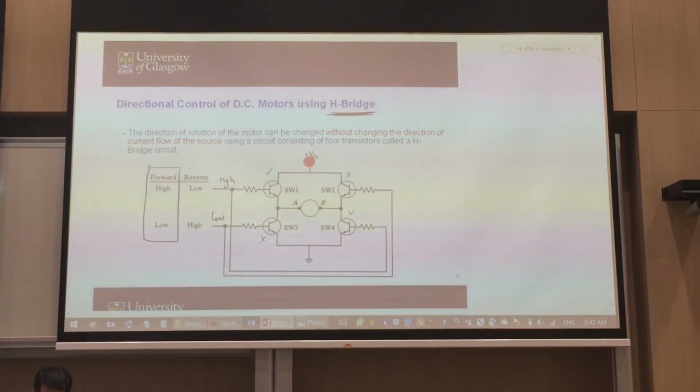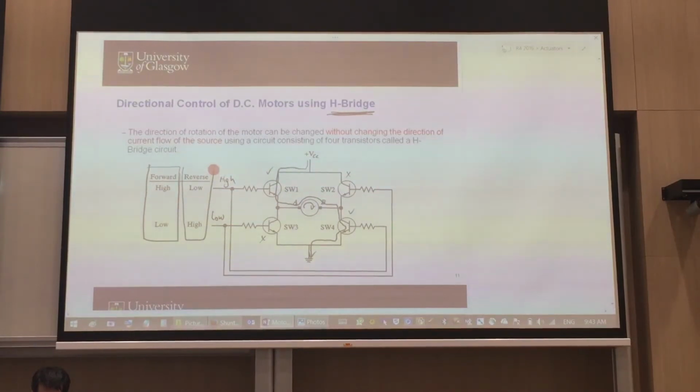Current is going to flow through this way, and you're going to drive your motor, and then come down to the ground that way. So your motor, say for example, will rotate in this direction, say clockwise. This is case one.